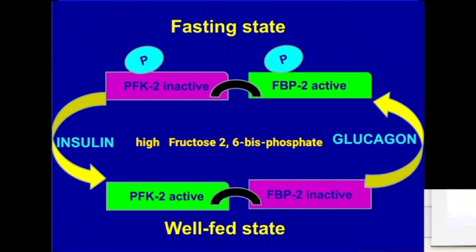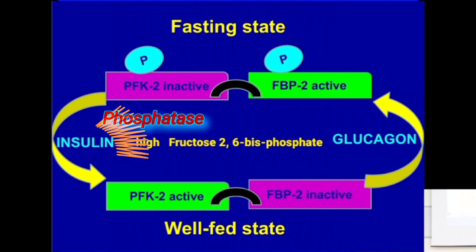So the phosphate really is added to both. Let me go with the state where we are going to produce a lot of fructose 2,6-bisphosphate. And that will be in the well-fed state when you have glucose and insulin in the bloodstream. Insulin first activates the receptor, but through a cascade of steps will end up causing the dephosphorylation of this protein that has both enzymes.